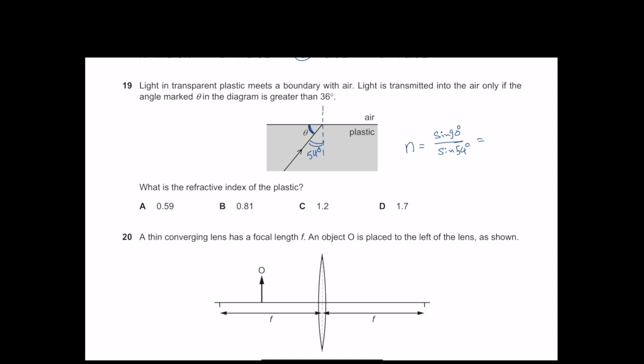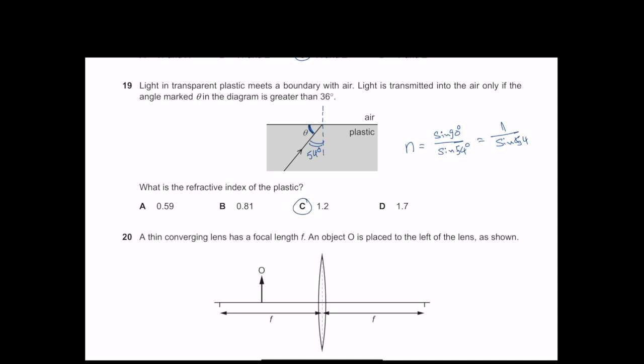Keep in mind, sine 90 is 1, if your calculator is in the right mode, which is degree, not rad. Make sure that there is a little d at the top of your calculator. That means your calculator is in degree mode, not in rad mode. Then divided by sine 54. So when you say n equals 1 over sine 54, it gives you directly in your calculator 1.2.